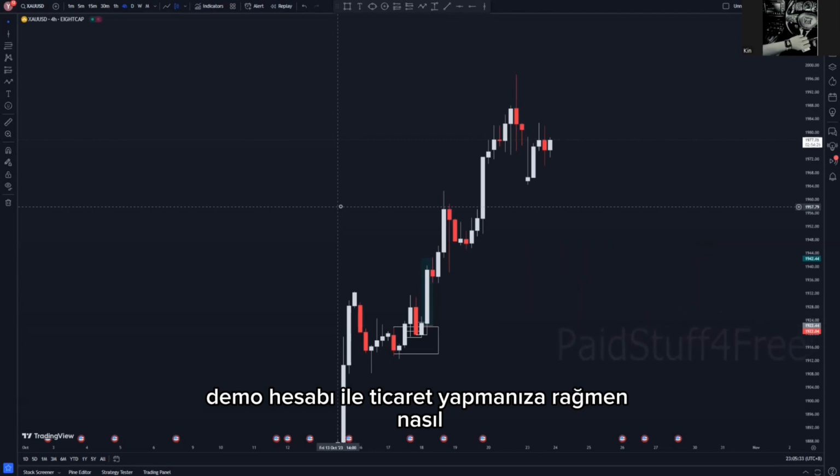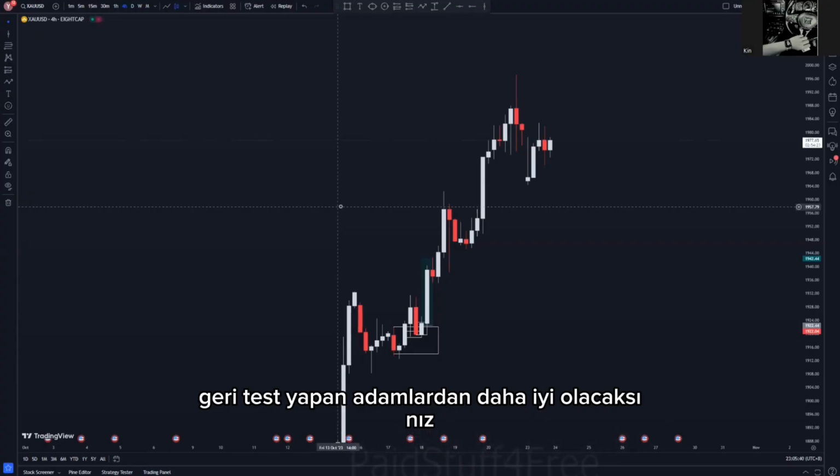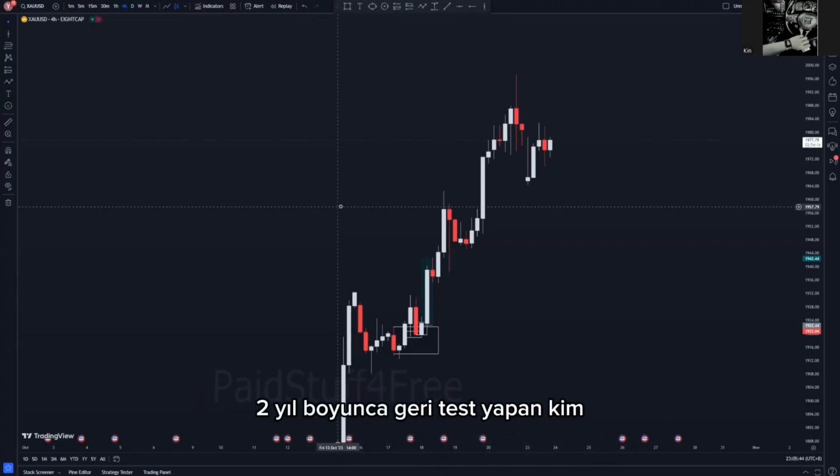Even if you guys trade with a demo account for 6 months, you will be better than those who did backtesting for 2 years, right? Do you guys agree with me?